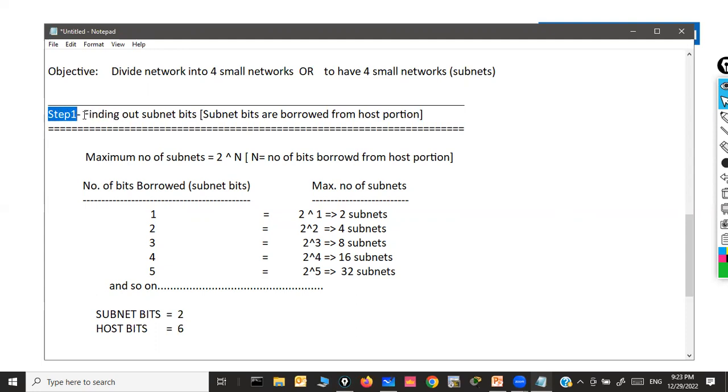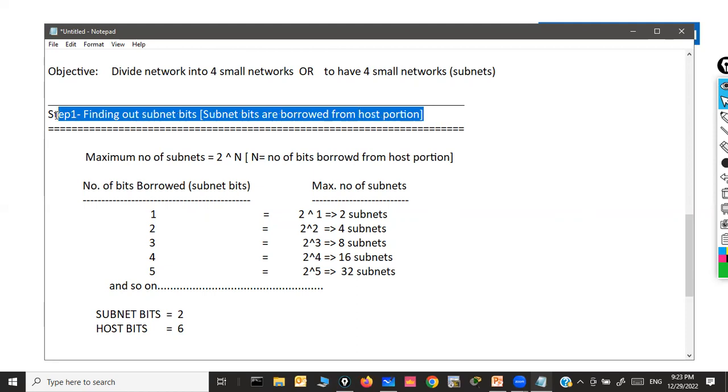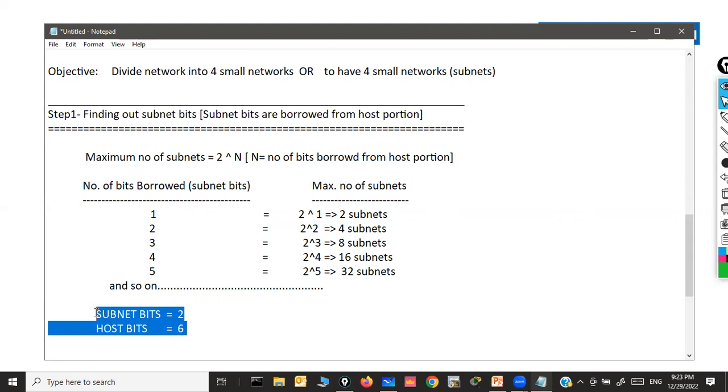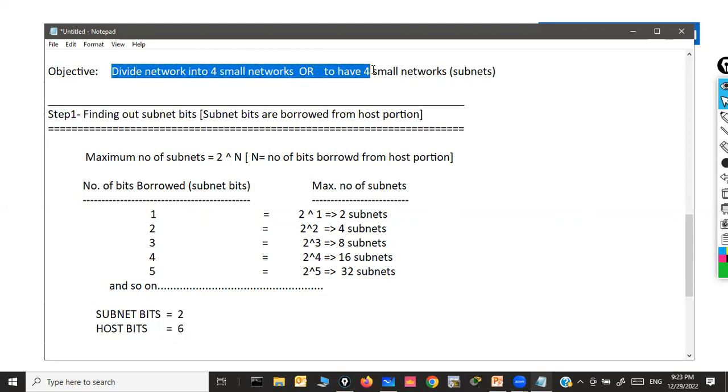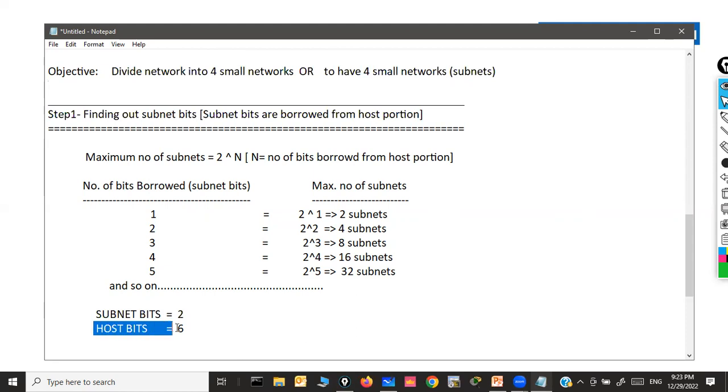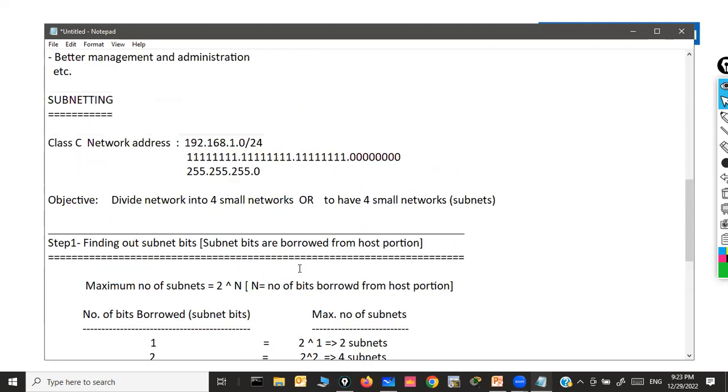Step number 1, finding out subnet bits, means bits that need to be borrowed from the host portion. In determining subnet bits and host bits, the objective or requirement plays an important role. So based on the requirement, we decide subnet bits and host bits. Now 24 bits network, 2 bits again network, but a small network or subnet, and host bits 6.